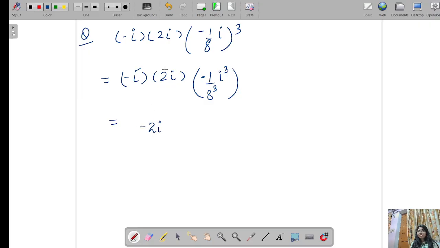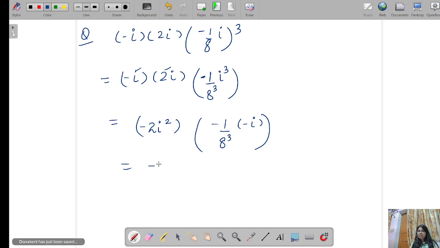The first two, this will go to this, and here iota cube, I can use the iota cube value as minus iota. Alright, now here I can use the value of iota square. This will be this, and here I have minus with minus, this will be plus.